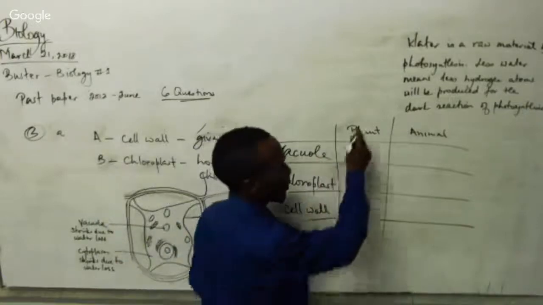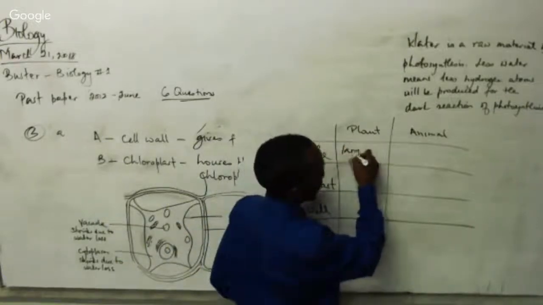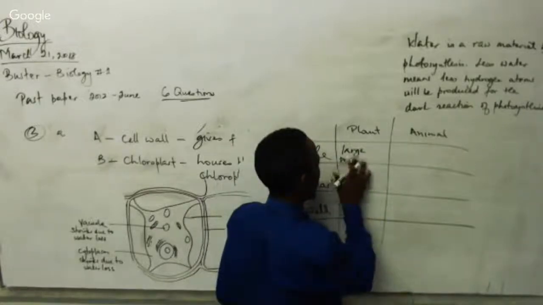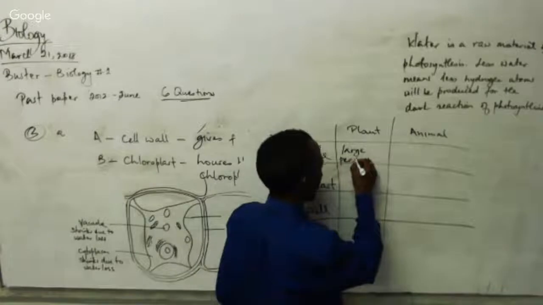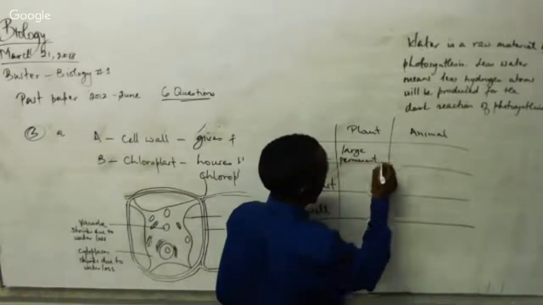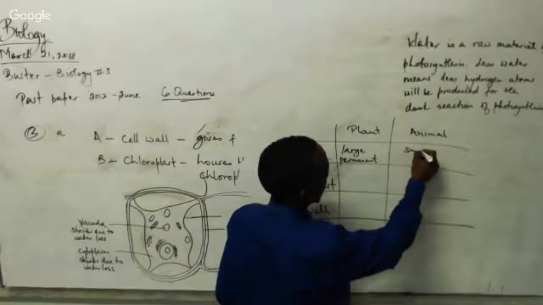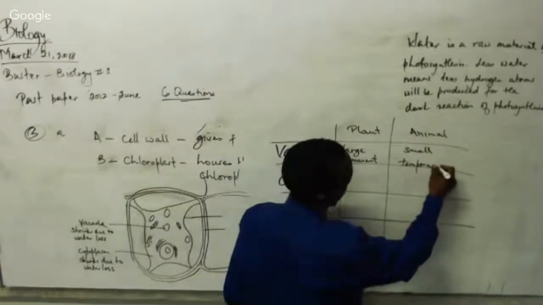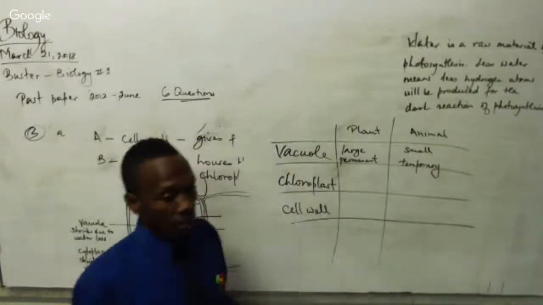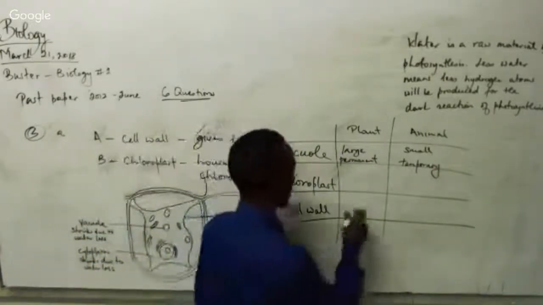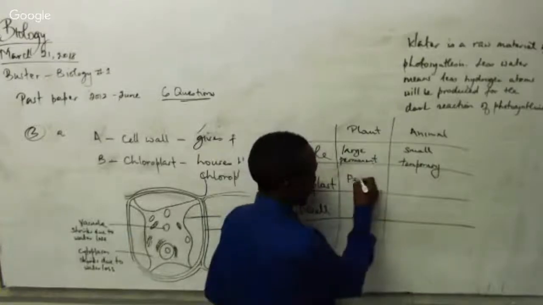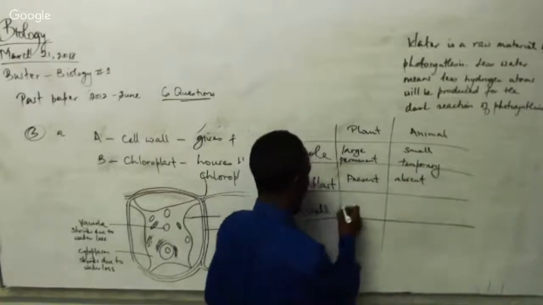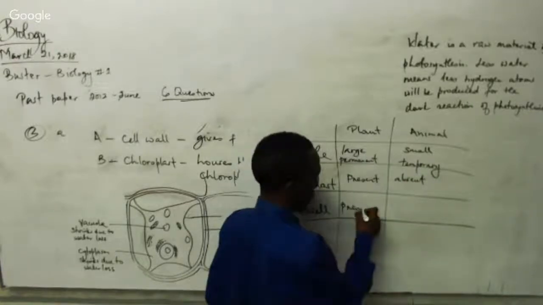And over here is small. Small and large is enough here. Chloroplast. Absent. Present. Absent.